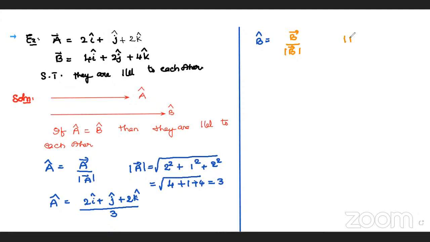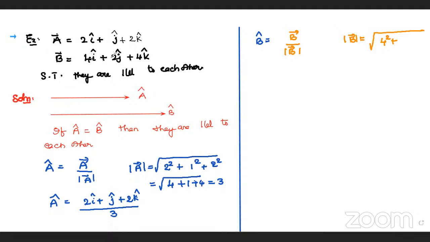First we have to find out mod B bar, which is root of bx square plus by square plus bz square.